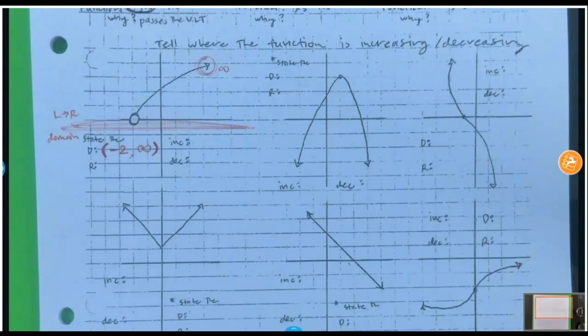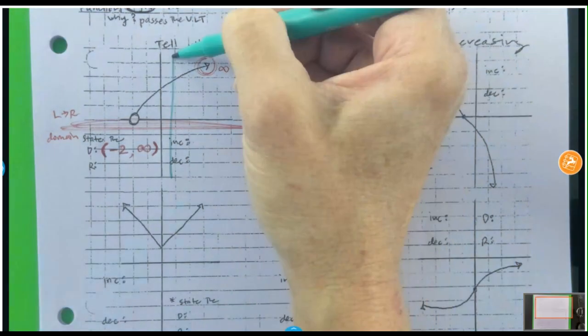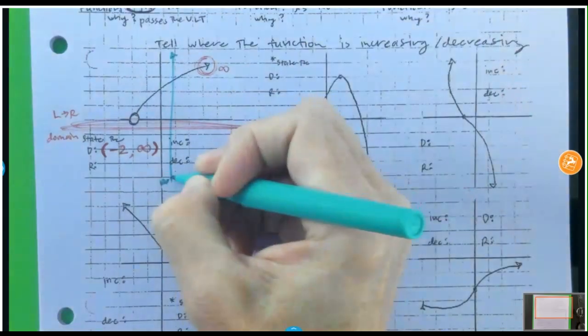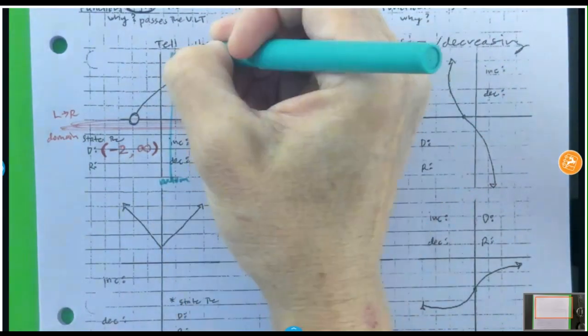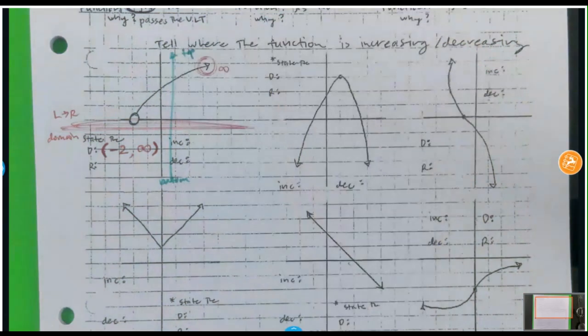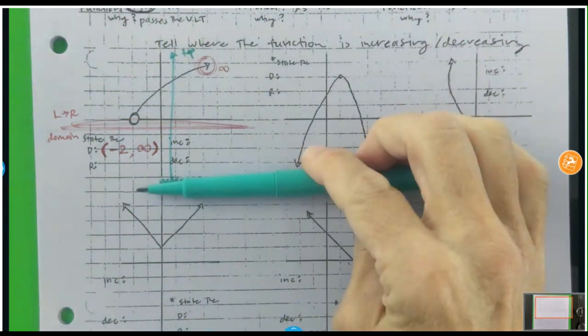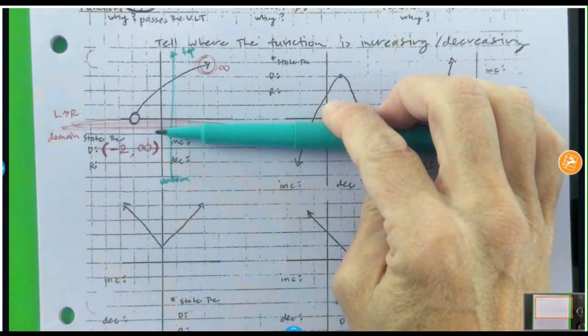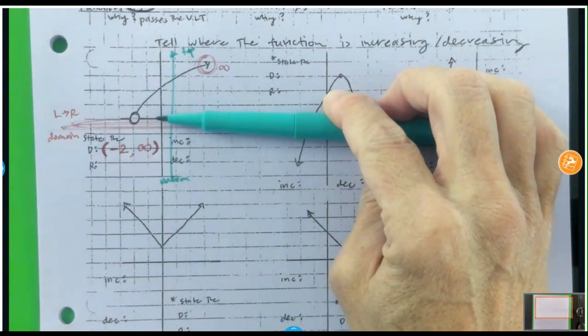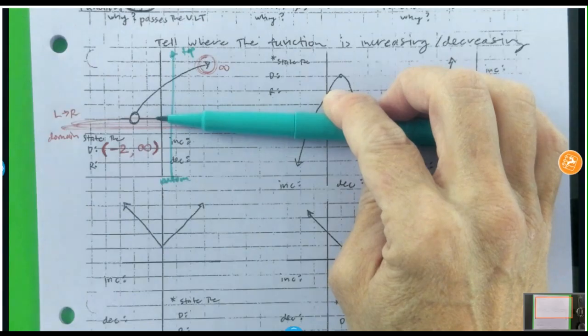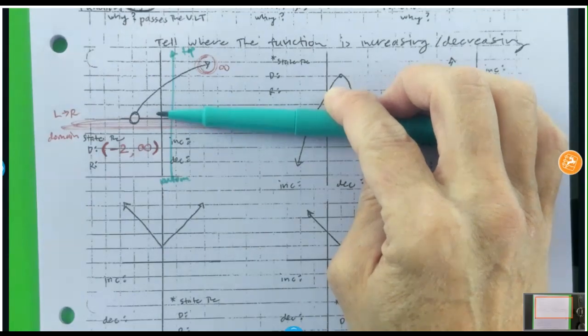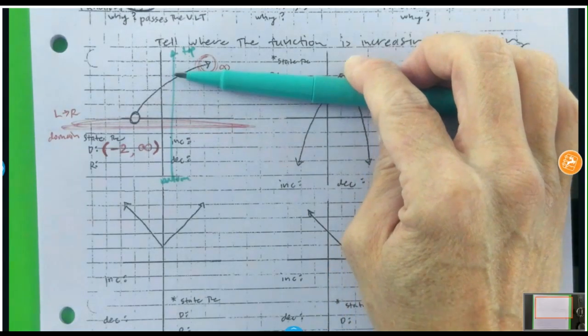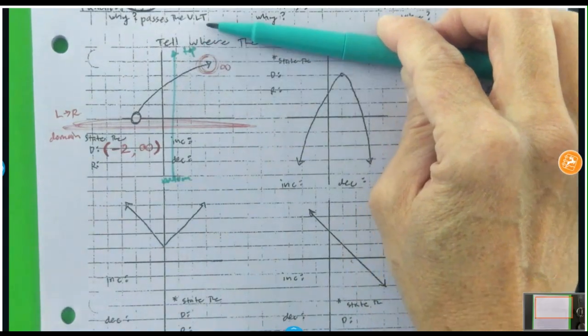All right, now let's look at the range. The range goes along this direction. It's from the bottom to the top. So you just look at the lowest part up to the highest part. So if you start from the bottom and you go up, up, up, up, what's the first y value that this graph starts at? 0. Okay, it starts at 0, and then we see that this goes up and to the right, up and to the right, up and to the right forever.